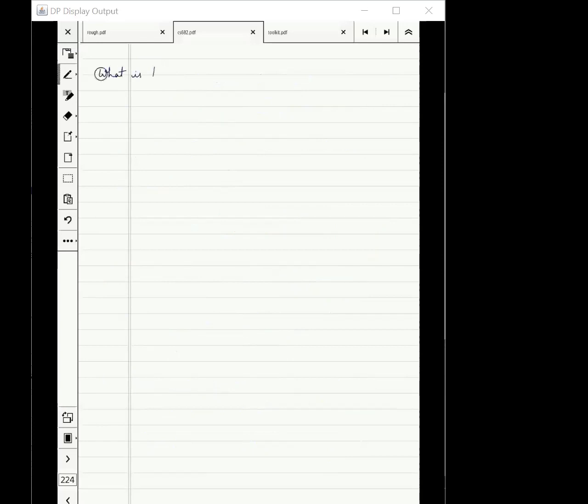Right. So we want to solve factorization of n using order finding over Zn star. This is our target. Tell me, what is the order of 2 in Z7 star? 3.